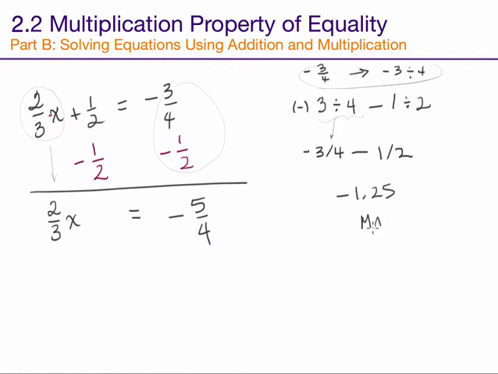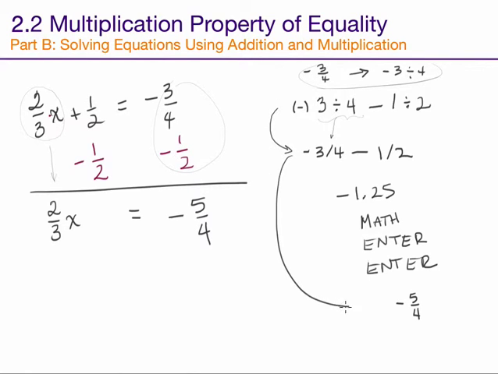If you then type the math key and then the enter key, and then the enter key one more time, your calculator will display the fraction negative 5 over 4. So although I did this on paper the first time around, I've shown you also that you can type it into your calculator and get the same result.